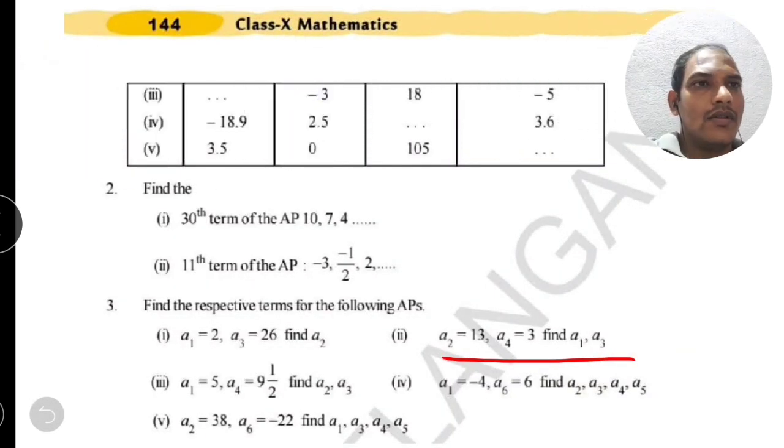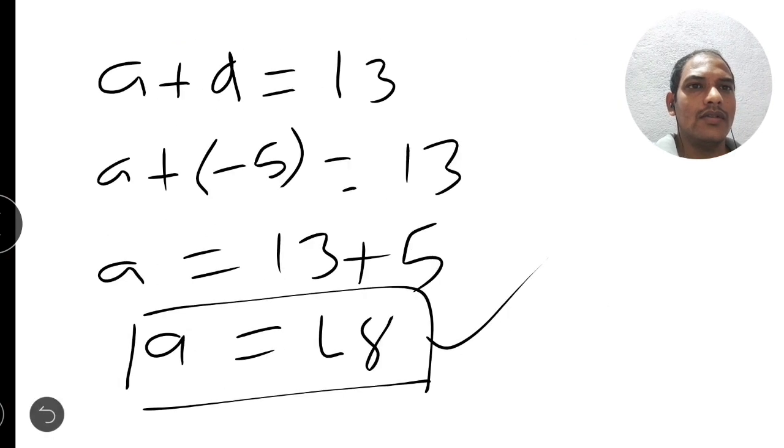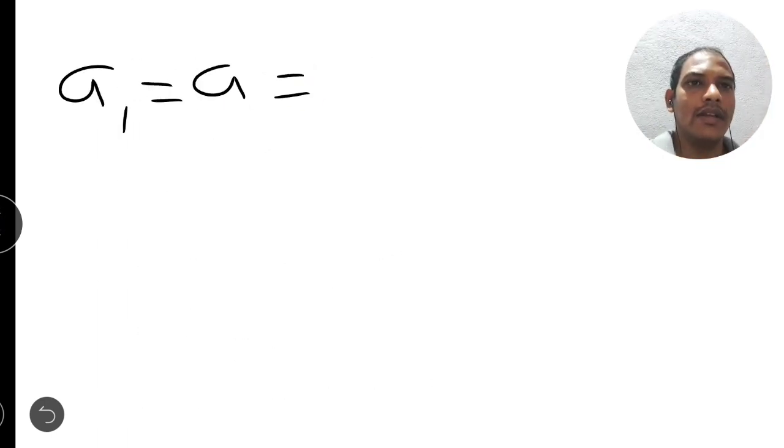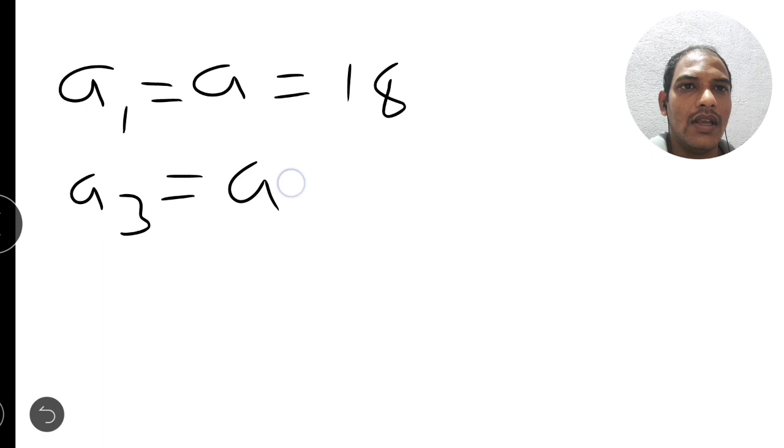But in the question, what values are required? A1 value and A3 value. We know very well A1 is nothing but the first term, that is a. What is the a value? 18. So the A1 answer is completed. Next A3. A3 means, what is the general form? A3 is a plus 2d.